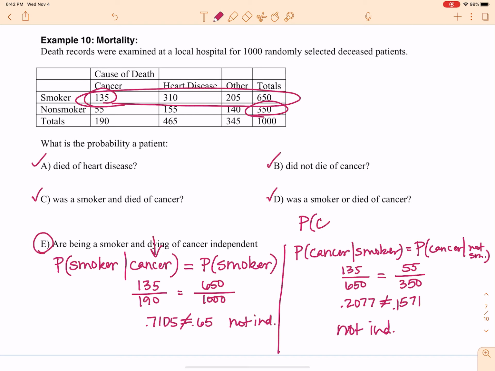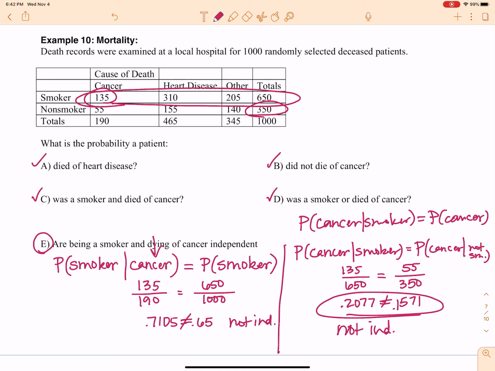You could say the probability of cancer given smoker, is it equal to the probability of just cancer? So there are 4 different ways you can set up each of these problems. You're not going to get the same values each time in this situation, but you are going to get the same outcome. So as long as your setup matches the numbers, you're good to go, because that's what I'm going to be grading. So that's how you determine if 2 items are independent.